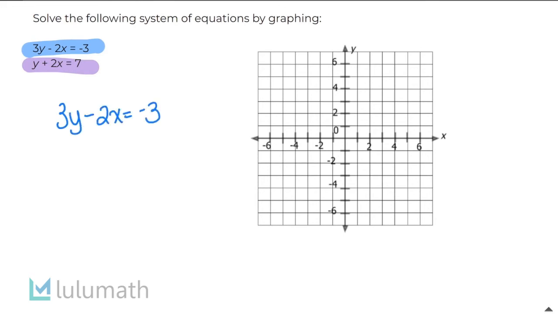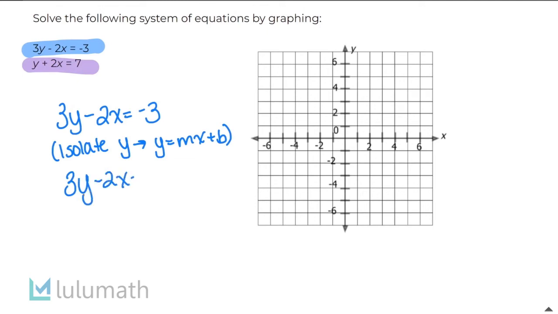I'm going to isolate this y so I can graph it out. I want to put it in y equals mx plus b format. So here, what I will do is I will add 2x to both sides.